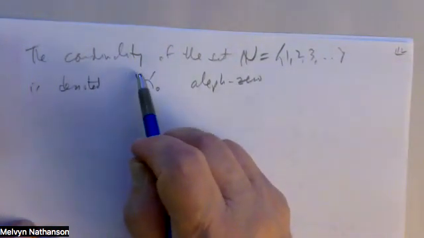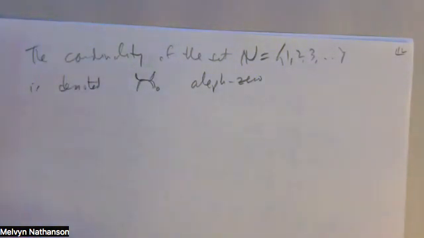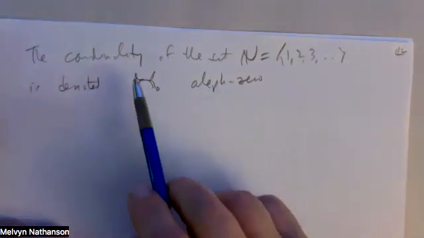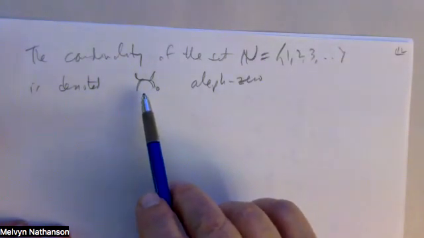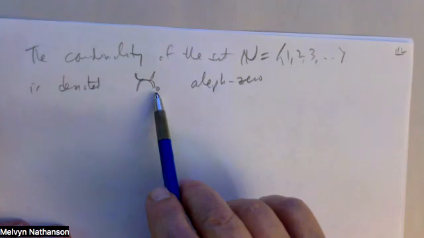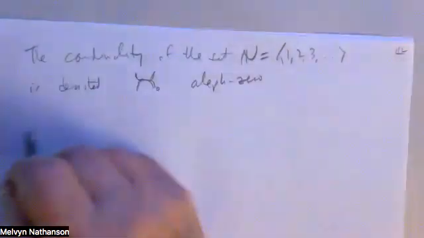This is the Hebrew letter aleph, the first letter in the Hebrew alphabet. The Greek letter alpha was already used a lot, so for whatever reason, Cantor chose the Hebrew letter aleph sub-0.